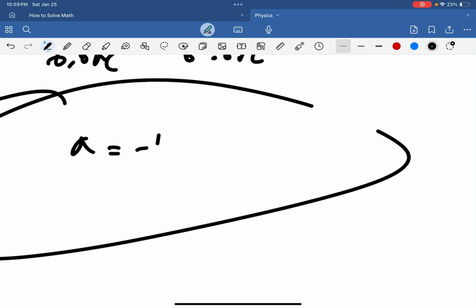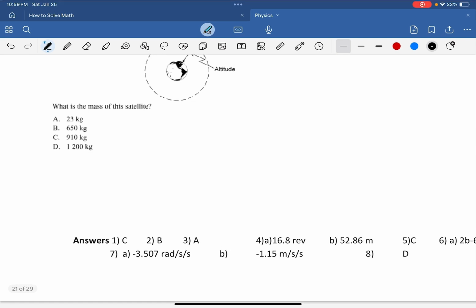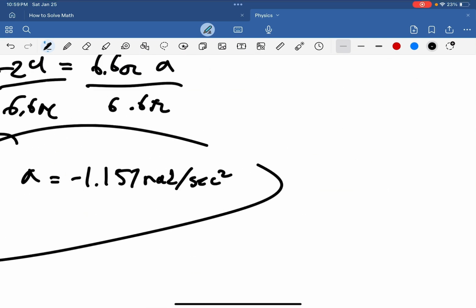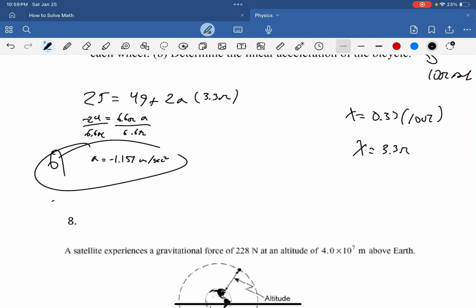This is going to be negative 1.157 radians per second squared, which our teacher just simplified to, sorry guys, I forgot this is acceleration, so it's going to be meters per second squared. I made two horrendous mistakes, guys.